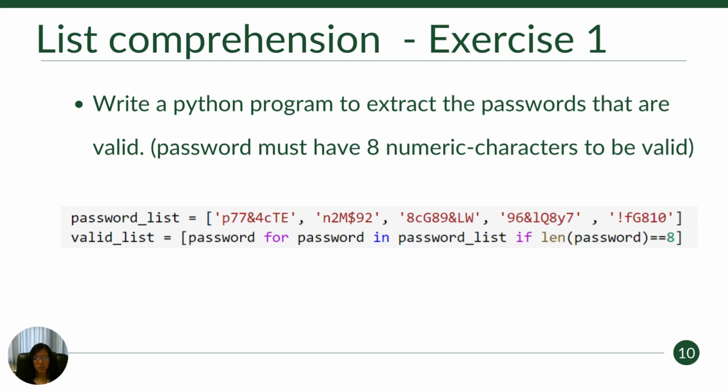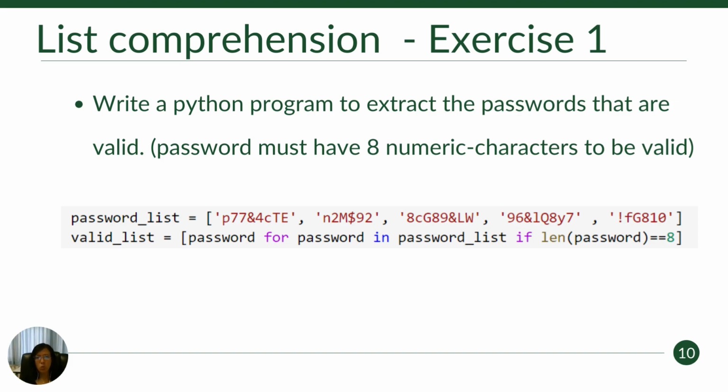In this exercise, we are given a password list. The program asks you to check whether these passwords are valid or not. How do we know if the password is valid? A password must have 8 numeric characters.